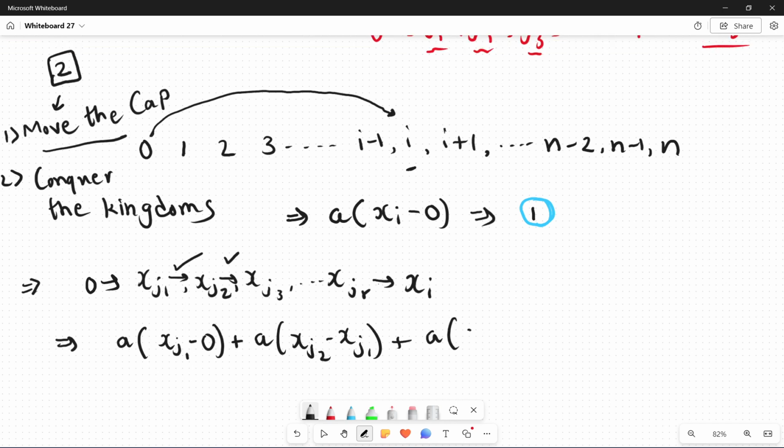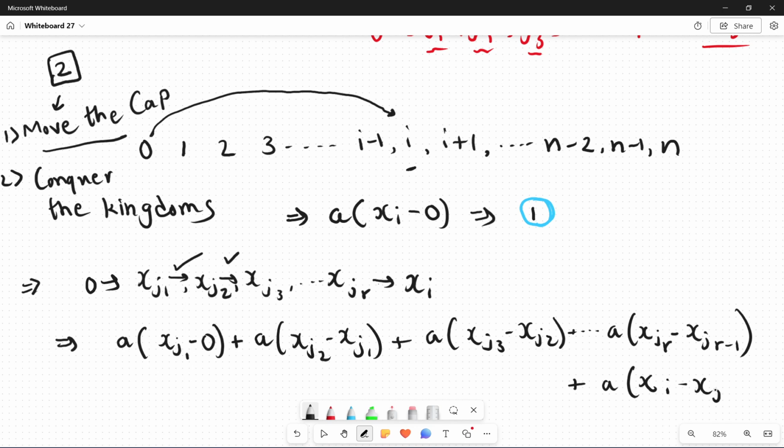You will incur a into xj3 minus xj2, and so on. This cycle will continue till a into xjr minus xjr minus 1, plus a into xi minus xjr.